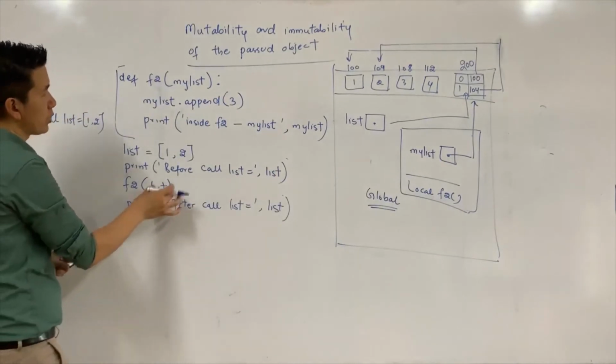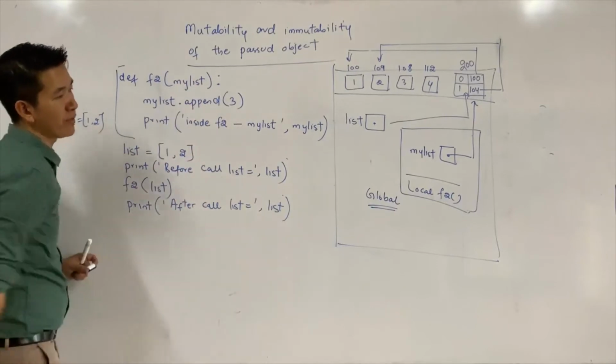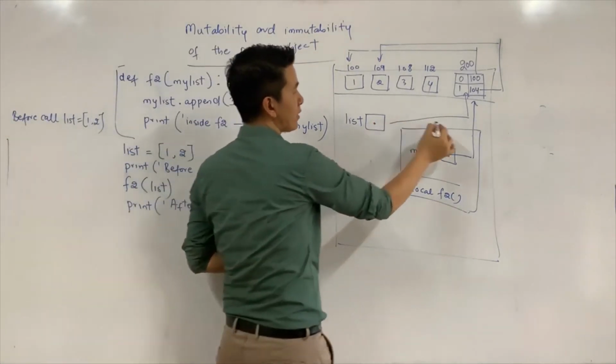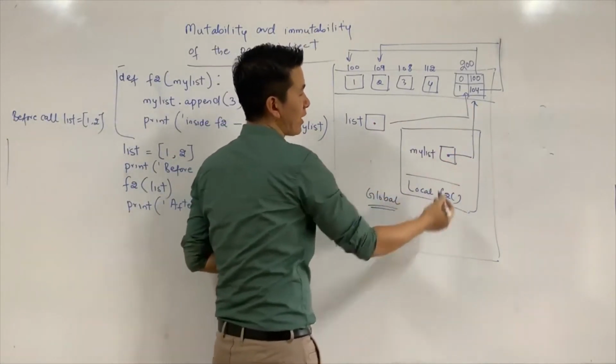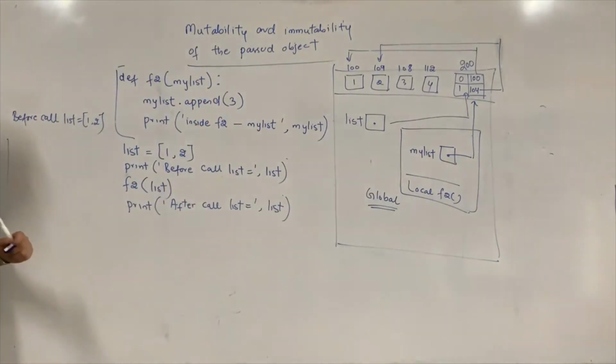From argument to parameter, you're passing the reference, which means both list and my list will now point to the same address.